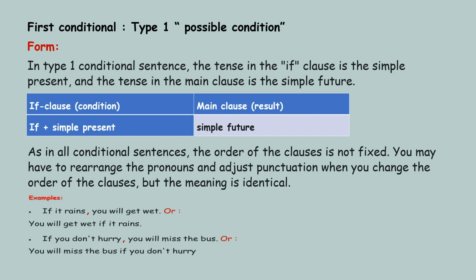If clause and the main clause. In the if clause, we are talking about the condition itself, and the main clause is the result for this condition. In the if clause, I will use if plus simple present verb. In the main clause, I will use simple future verb with the subject.